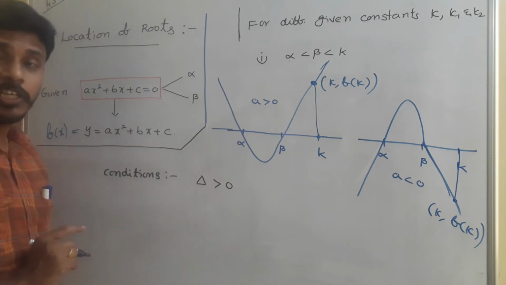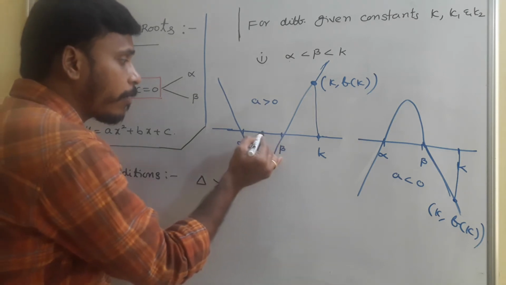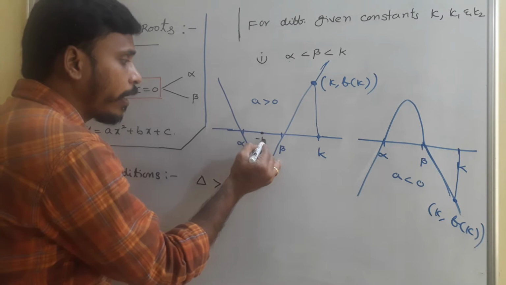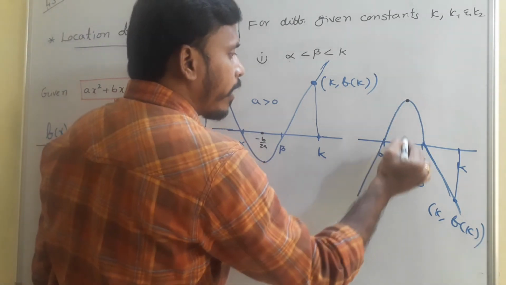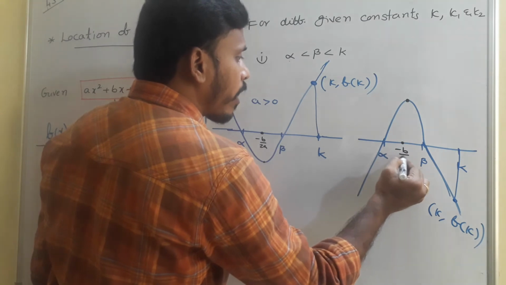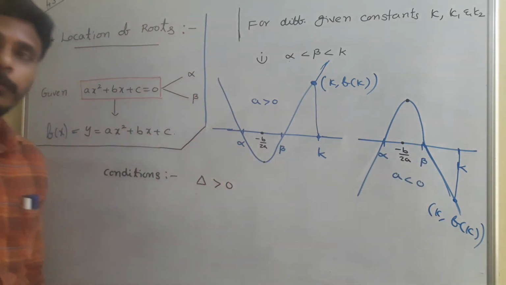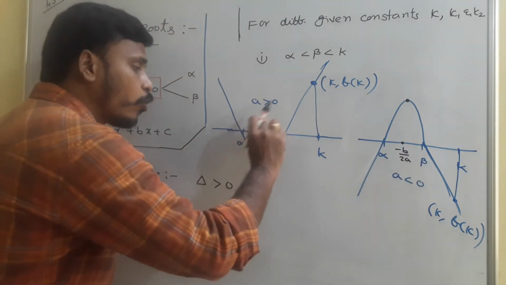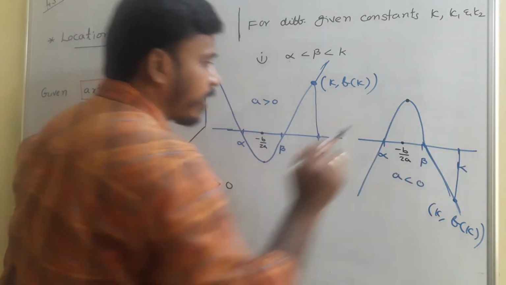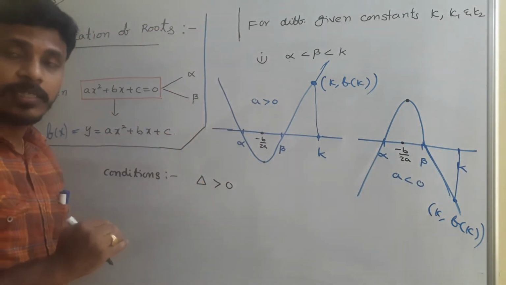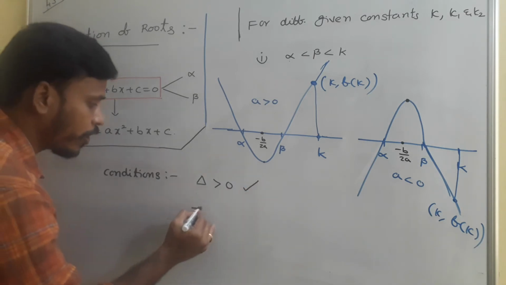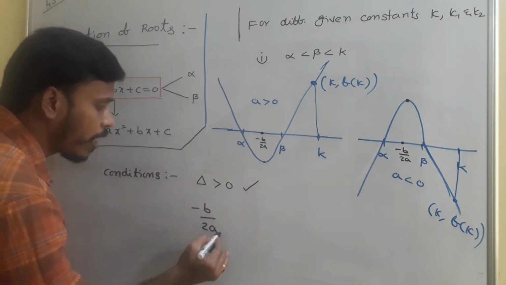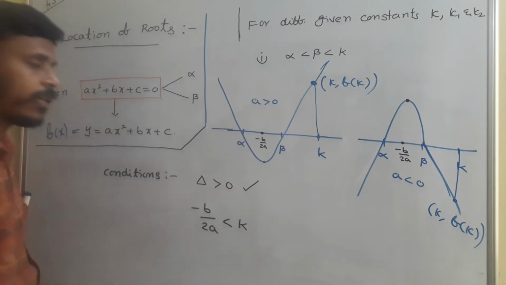And the second condition: in between alpha and beta, I will have a minima point or maxima point at minus b by 2a, and that minus b by 2a is surely less than k, because alpha and beta are less than k. The second condition is minus b by 2a less than k.